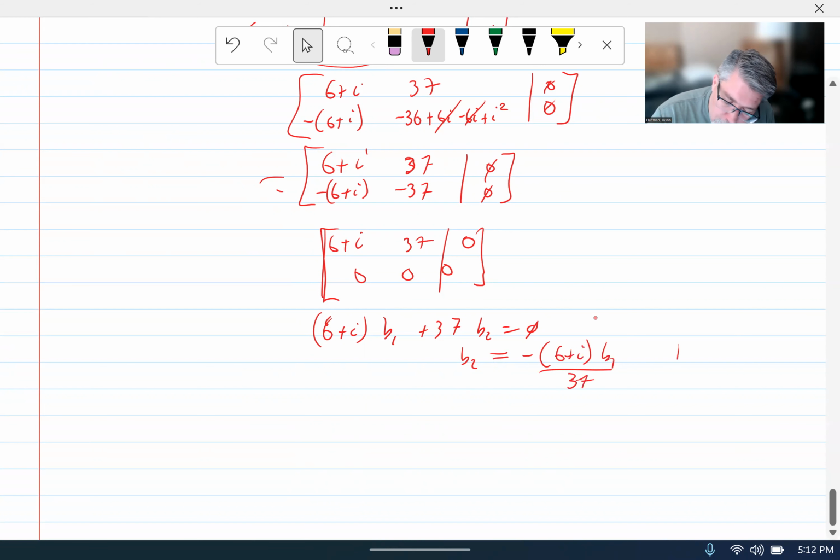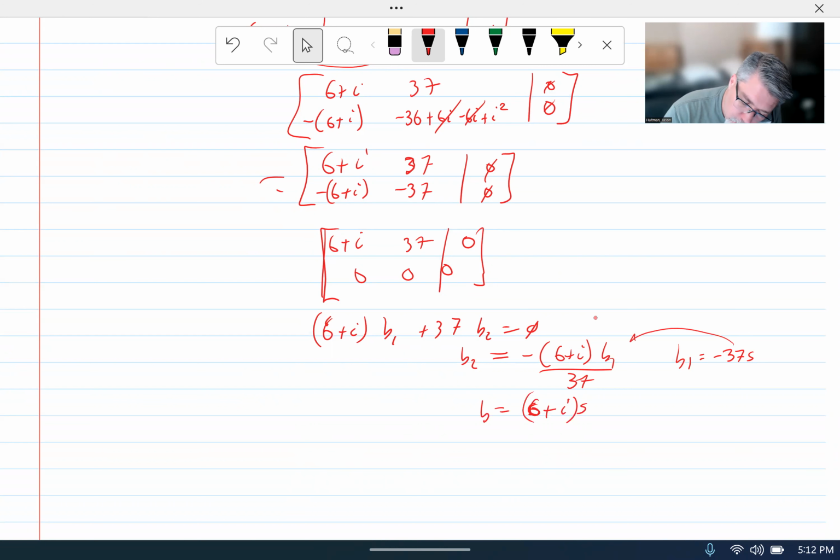So again, if I let b1 equal negative 37s this time, then if I plug that in, b2 would be equal to 6 plus i s.